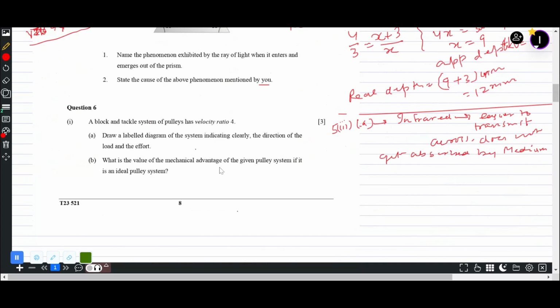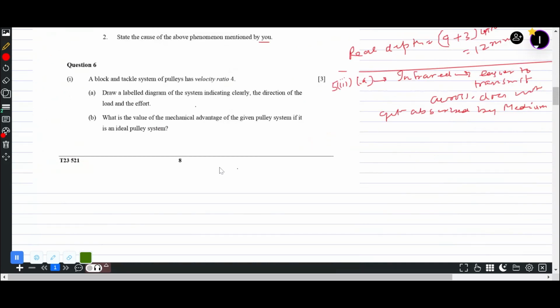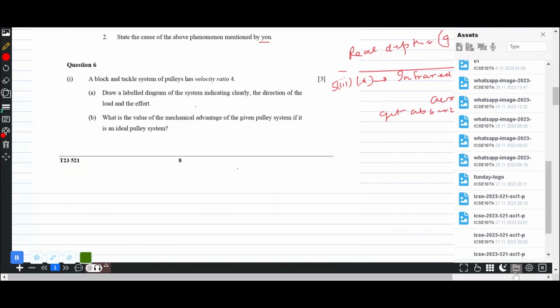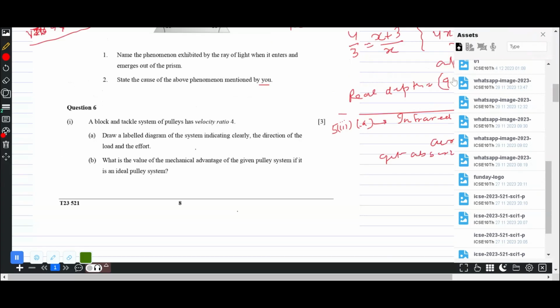Now next is a block and tackle system. A pulley system has velocity ratio 4. Draw a labeled diagram. I'll try to pull a ready-made diagram, I'm not too good with diagrams. Just give me a moment. It's taking time.